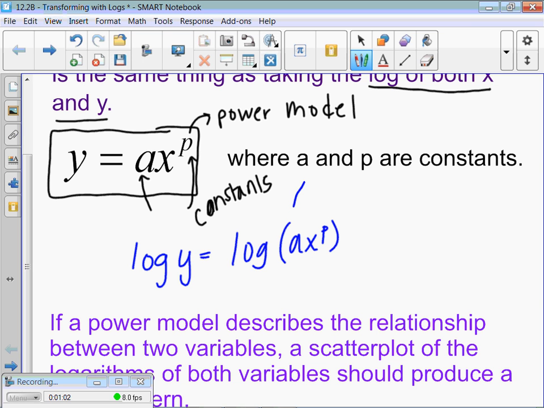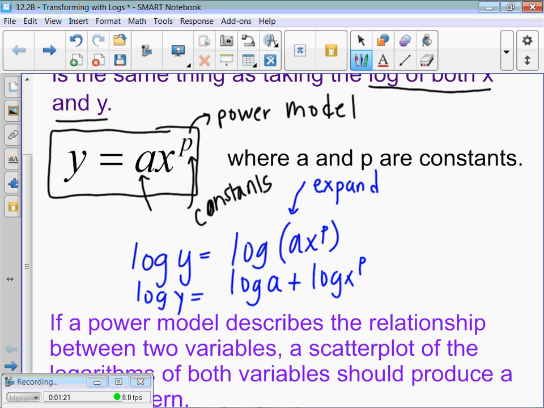And I don't know if you guys remember this, but we can expand this log. So right here we're multiplying. Anytime you multiply with logs, that changes to plus when you expand. So I get log A plus log x to the p.